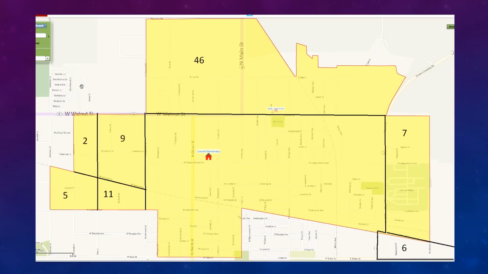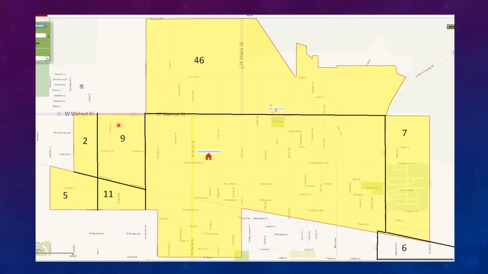This map shows that there are 46 students living in the Lincoln boundary north of Walnut. There are 7 students in the Lincoln boundary east of Myrtle. There are 6 students in the current Franklin area that come into play in a scenario later.